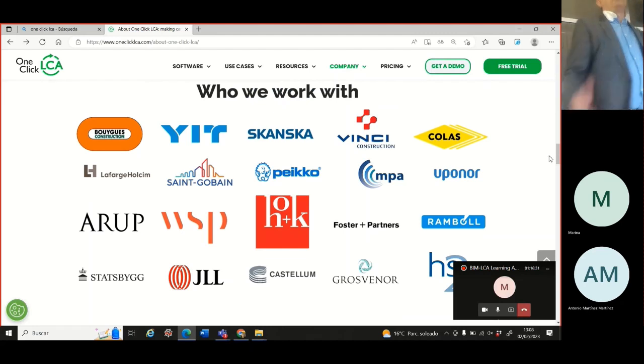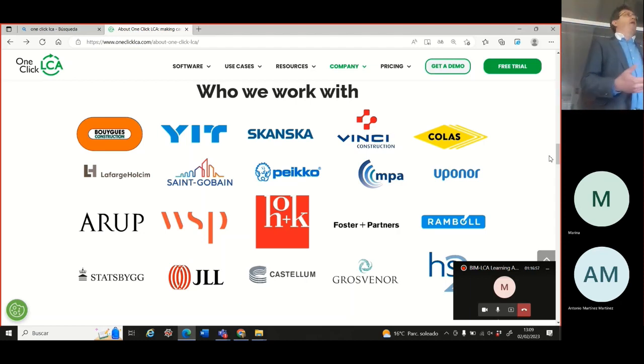These are big companies with hundreds or thousands of employees, so for them it's easy. If you're a small company with 3 people, to spend 6,000 euro each year for the software can be a problem.